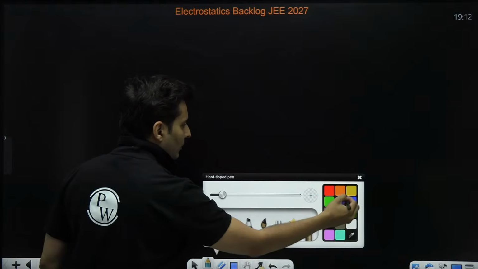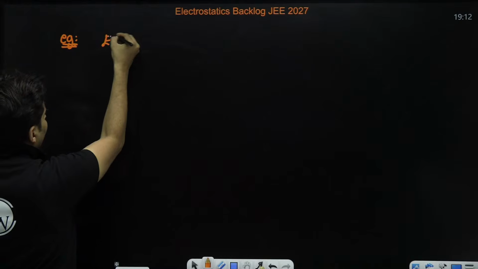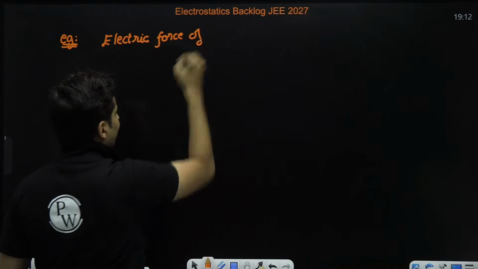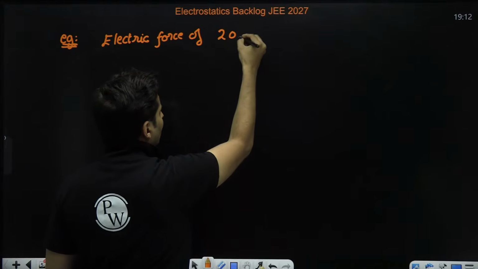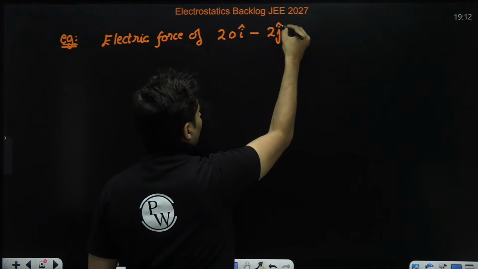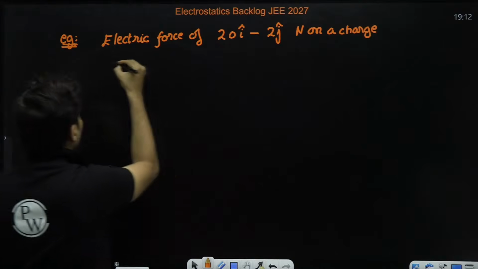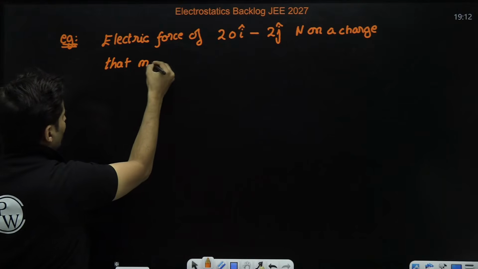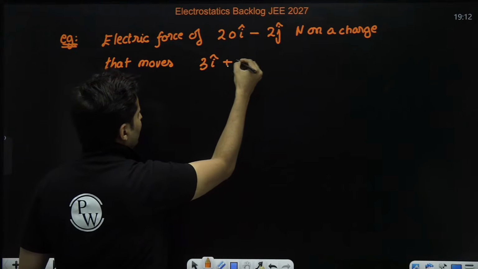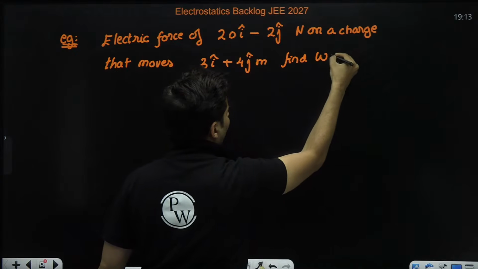See, if I tell you, for example, there is an electric force of 20 i cap minus 2 j cap Newton on a charge that moves 3 i cap plus 4 j cap meters. Find the work done.